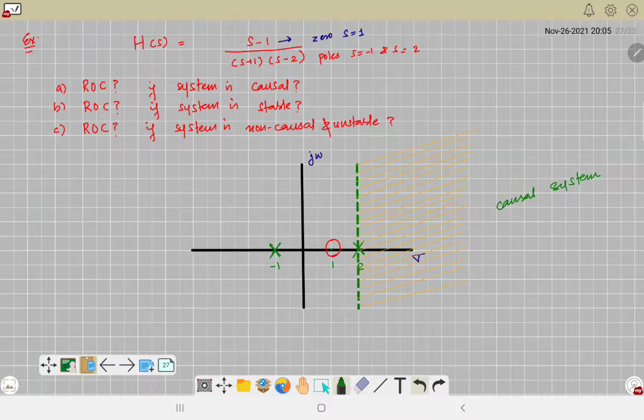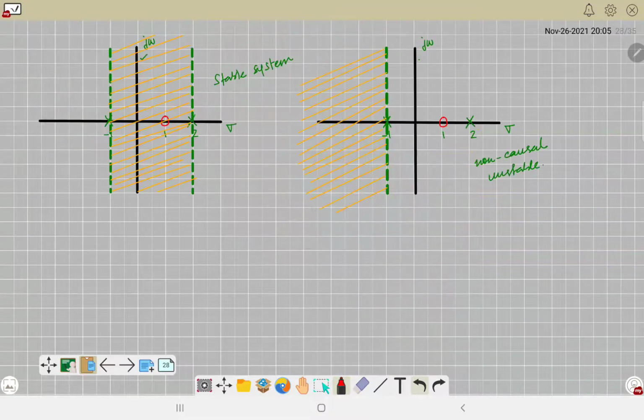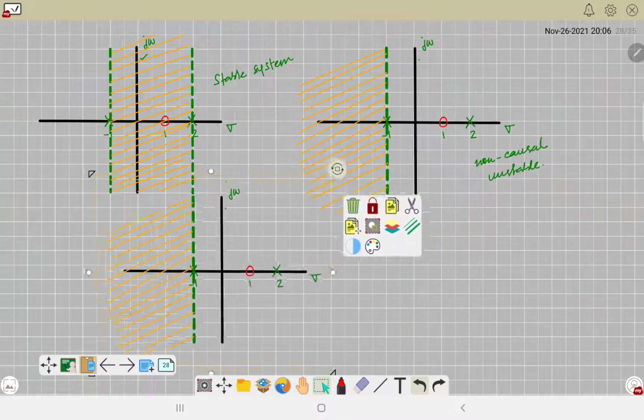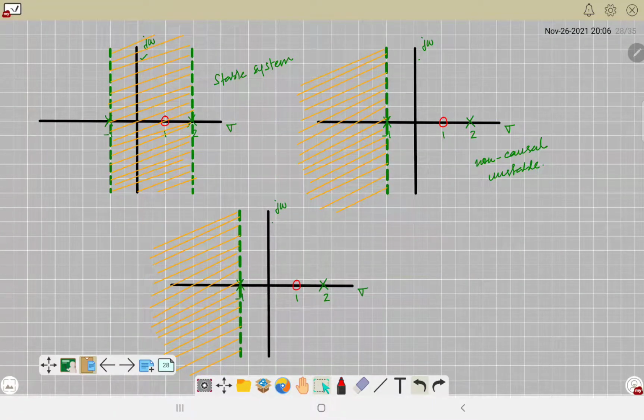Okay. Now if I want, let me just add one more thing here. If I want the system to be stable and causal, is this possible with this arrangement? So I want my system to be causal as well as stable. अब causality के लिए it should be to the right of the rightmost plane.